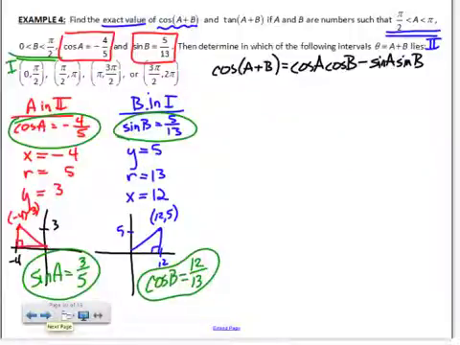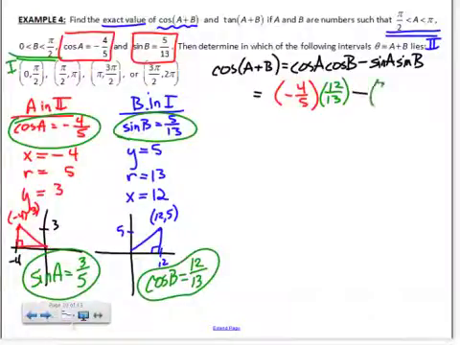Cosine A is -4/5. Once again, if that is not in parentheses, we will kill you. Cosine of B is 12/13. We found that from the work that we did. Minus sine of A is 3/5, and sine of B was given to us, 5/13.